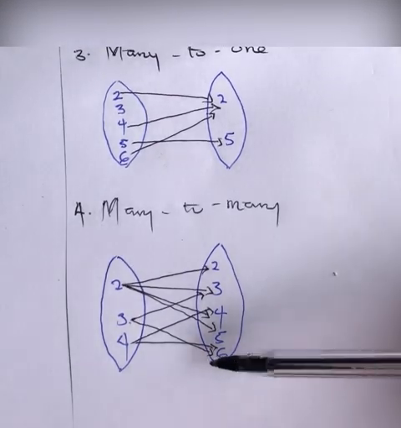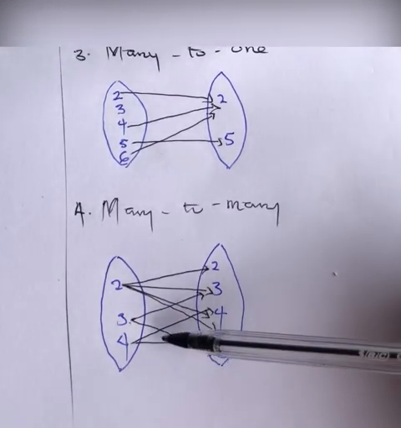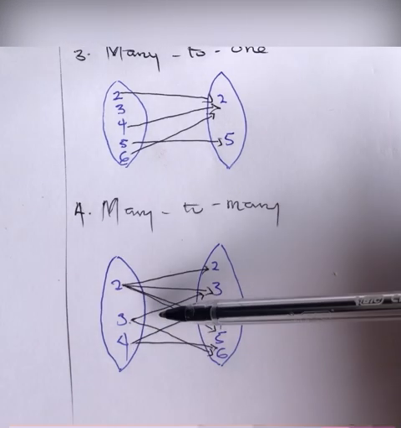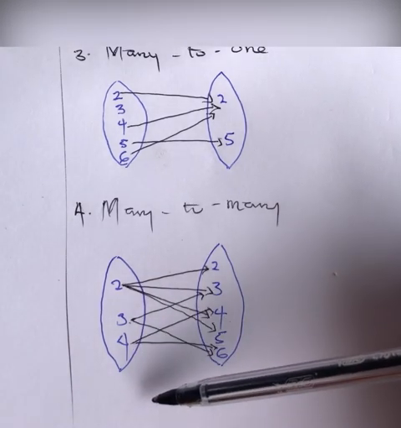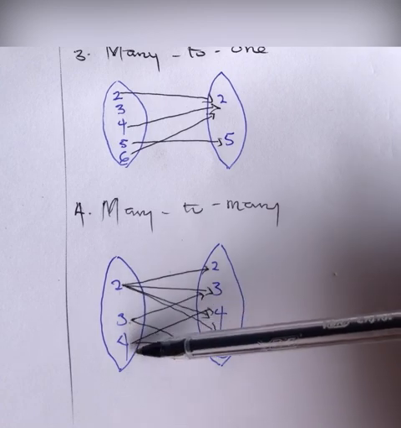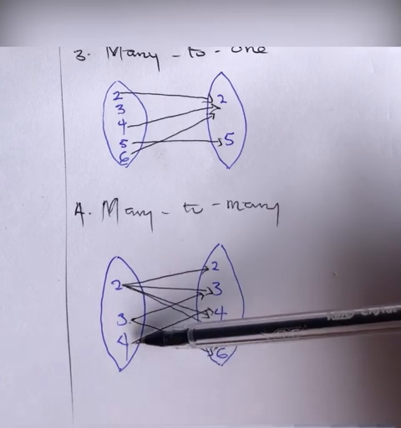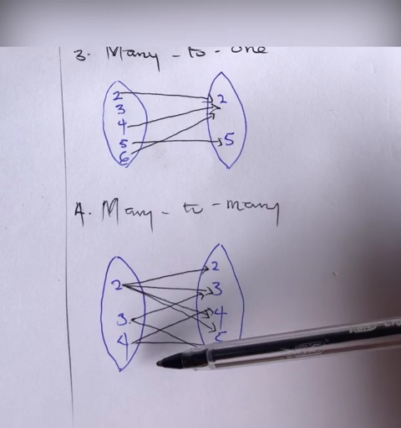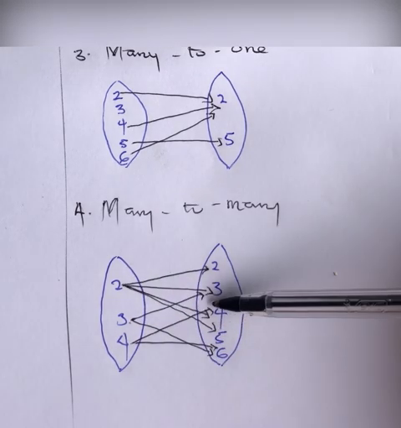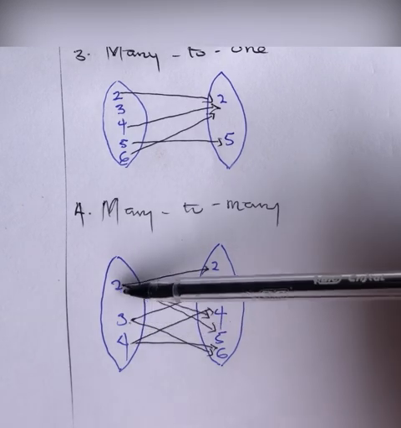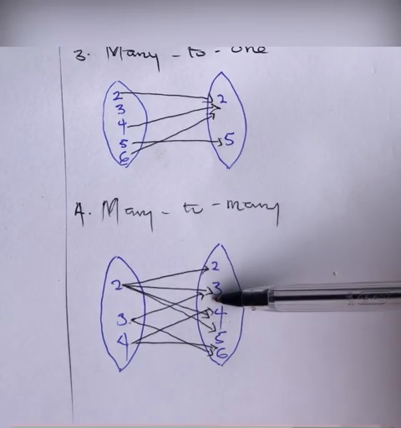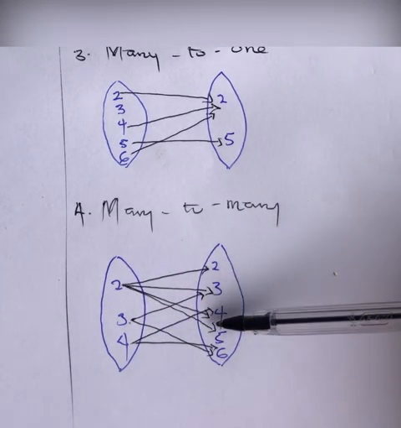So for the many-to-many, this type of relation, we are talking about where 2 or more members mapping onto 2 or more members of the codomain. 2 or more members from the domain mapping onto 2 or more members in the codomain.